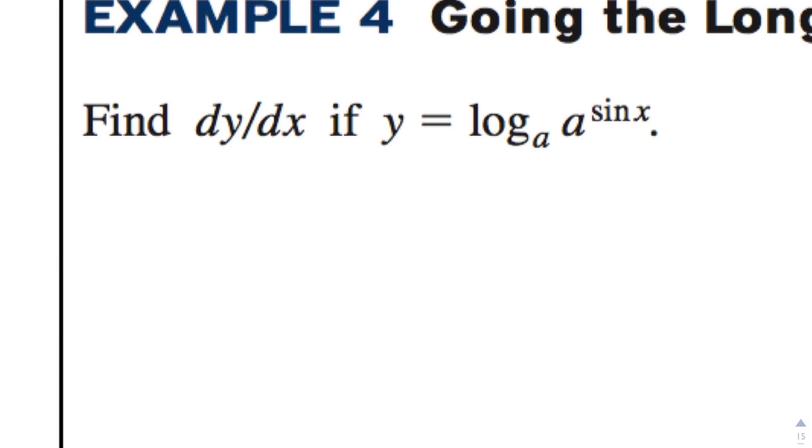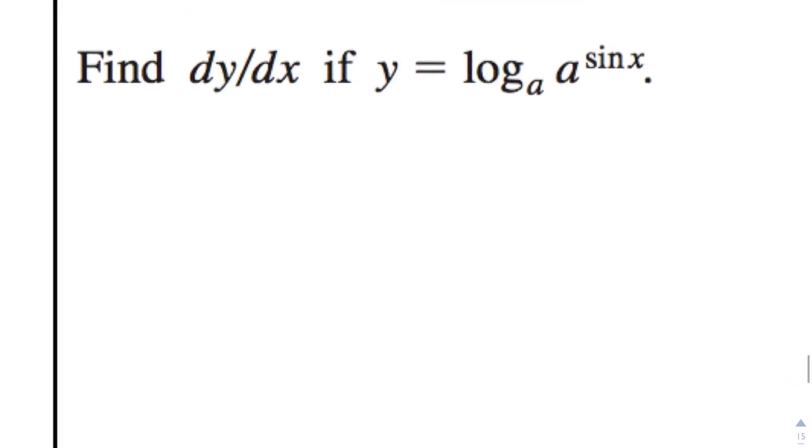Let me see if the book has any other strategies than what I'm thinking. For example, 4. Nope, just a lot of chain rule. Okay. All right, well, let's just do this one out.